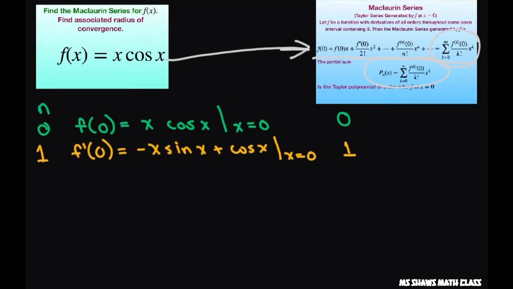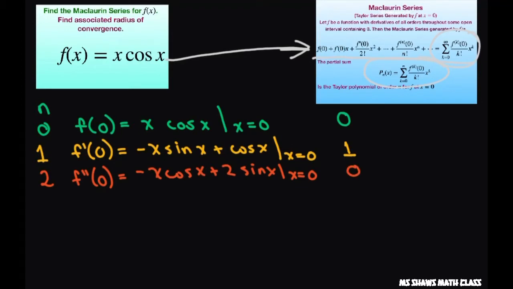Now let's try n equals 2. So we take the second derivative, and that's going to give me negative x cosine of x plus 2 sine of x. Evaluating that at x equals 0, that's going to give me 0.